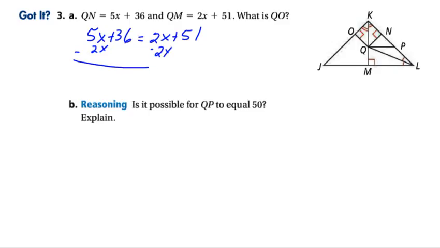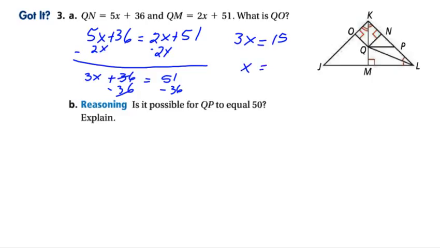Then we get 3x plus 36 is equal to 51. So lastly, we can subtract 36 from both sides, and we get 3x is equal to 15. So we know that x equals 5.